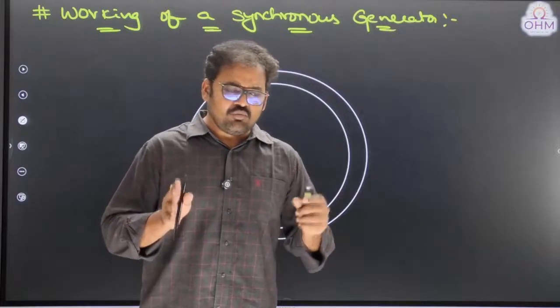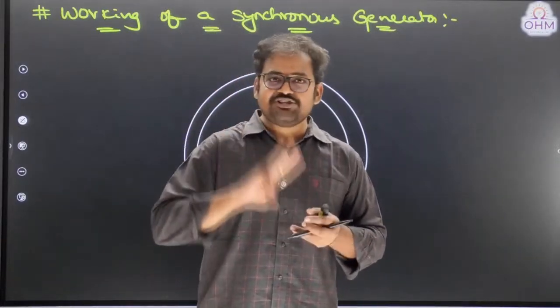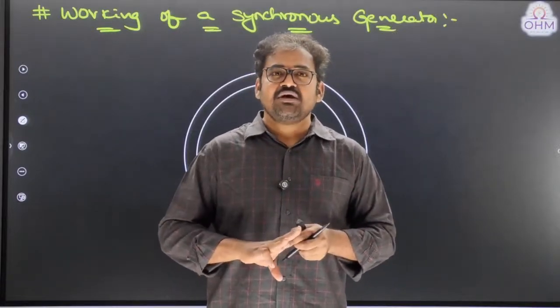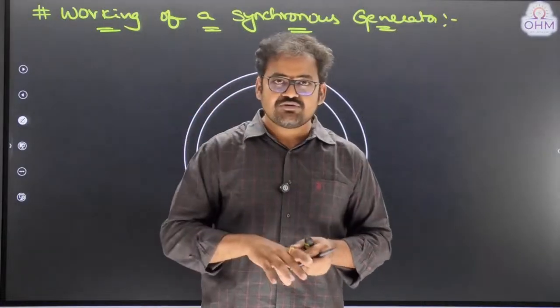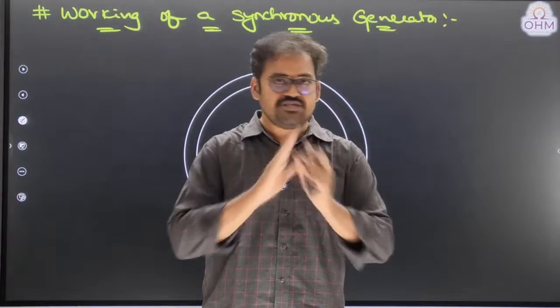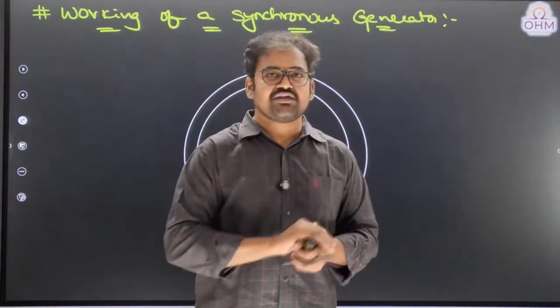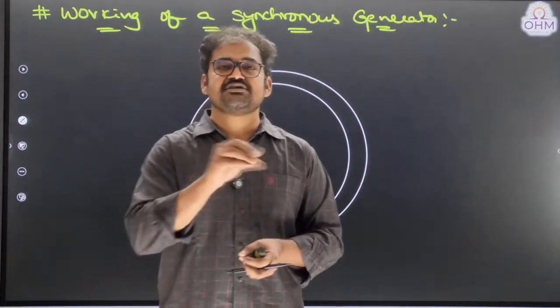What is meant by balanced 3-phase voltages? The 3 phases are A, B, C. Balanced means all 3-phase voltages must be equal in magnitude, meaning their RMS values are equal, and they must have a 120 degree phase angle difference. Then only those voltages are balanced in nature.